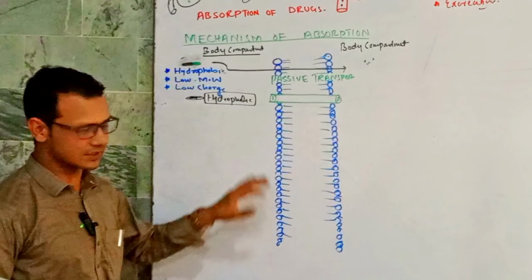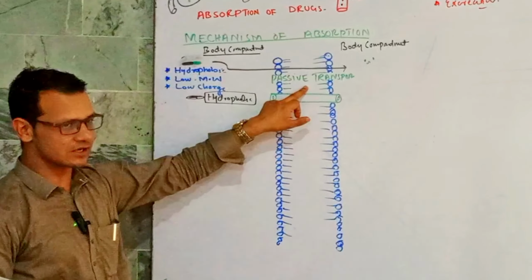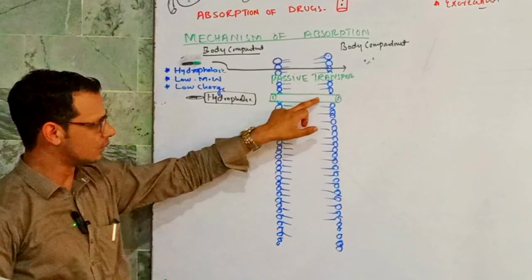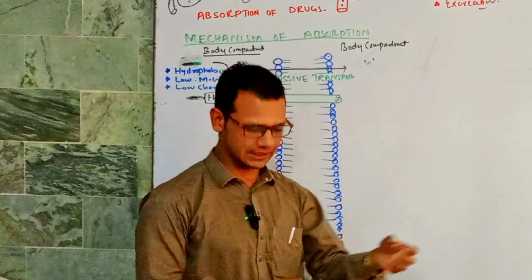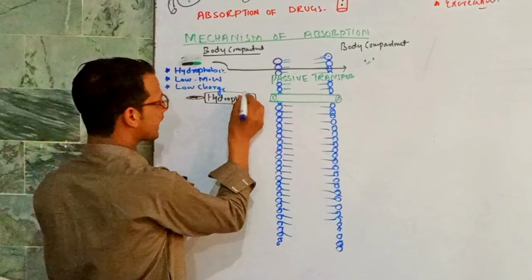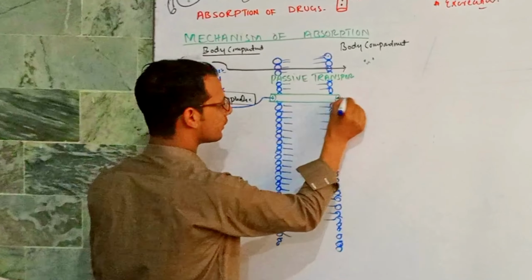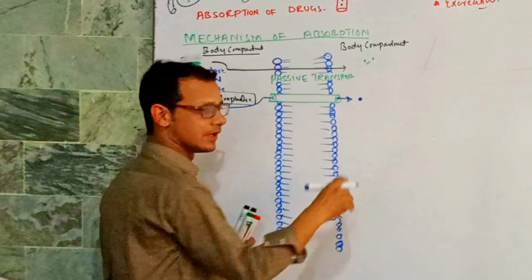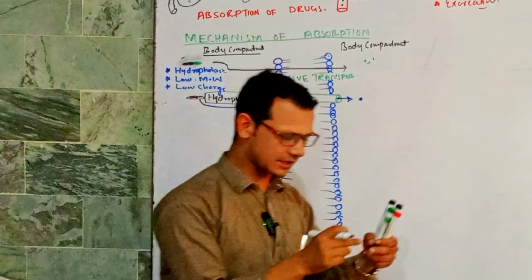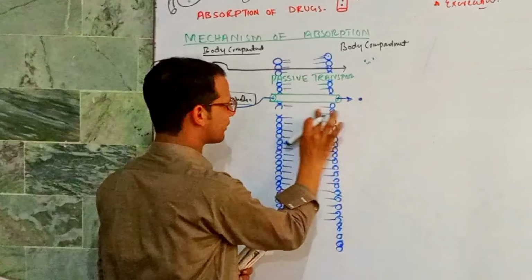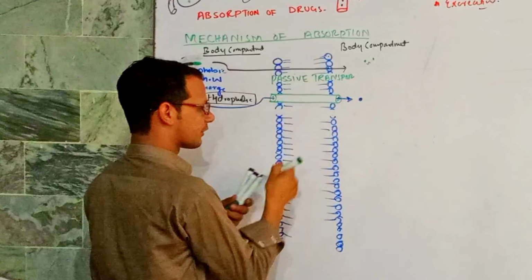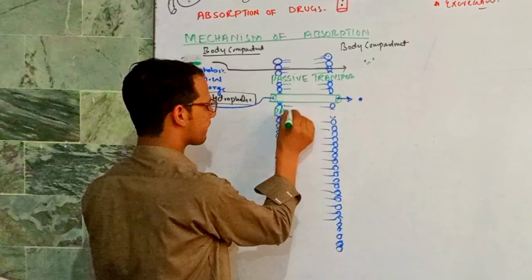Because this is a hydrophilic drug, it cannot dissolve in this cell membrane, and it will follow this specific channel. For every drug there is a specific channel, and this drug is moving from here to another body compartment along the concentration gradient, meaning from high concentration to low concentration, and this is also called passive transport or passive diffusion.